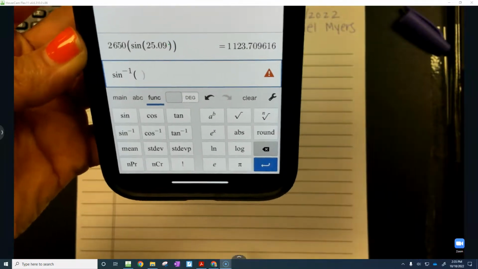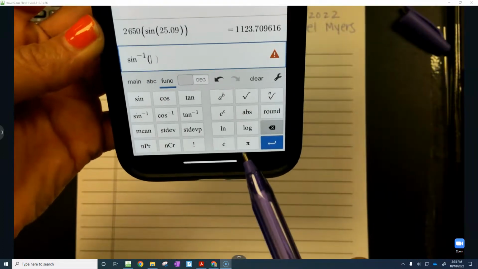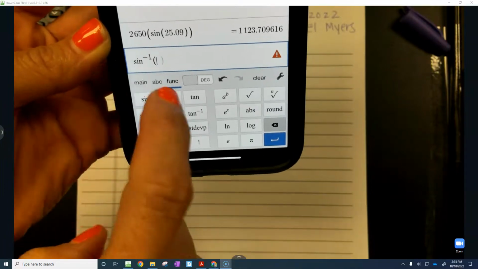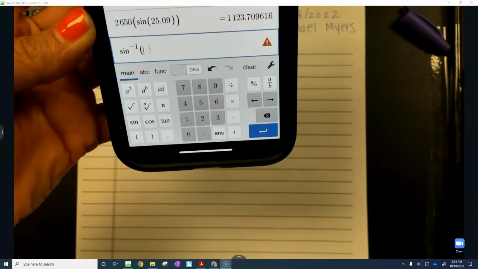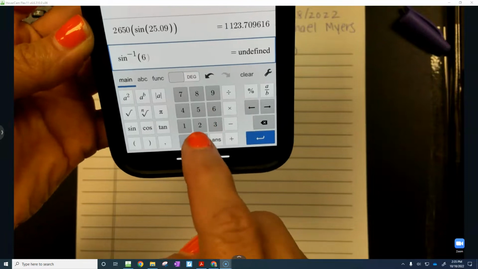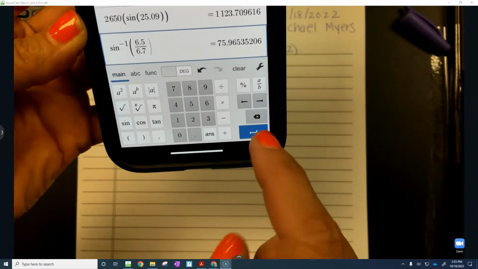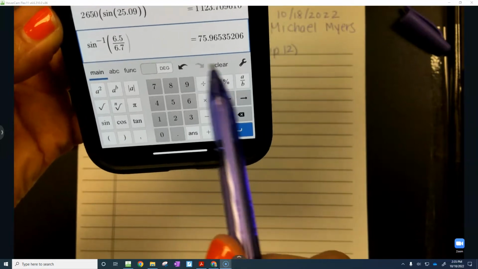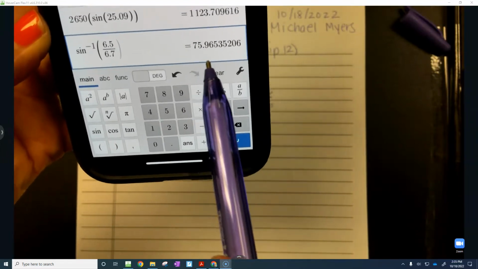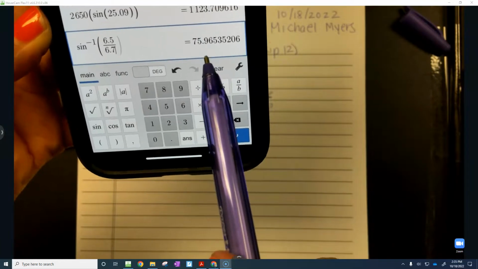And then you're going to type in your fraction. Oh my goodness, my numbers went away. I got to hit main. Now my numbers are back. So I'm going to hit 6.5 divided by 6.7. And that's the angle of elevation to go get my kitty. It's 75.965. Bye.